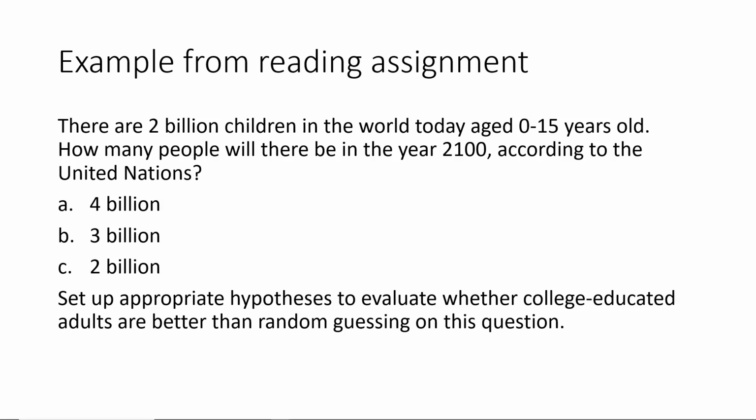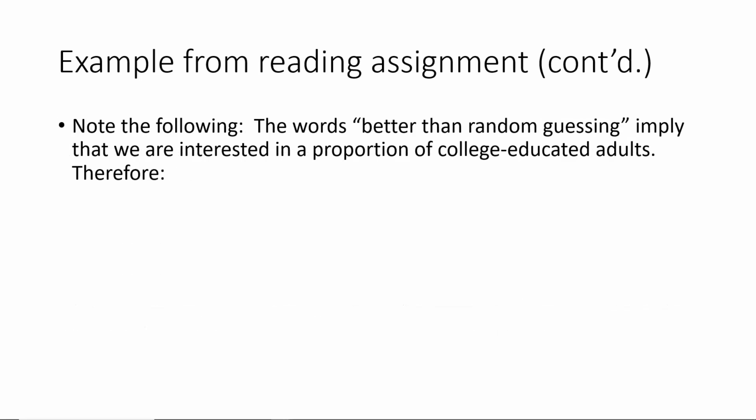Now we want to set up appropriate hypotheses to evaluate whether college-educated adults are better than random guessing on that question. The words better than random guessing imply that we are interested in a proportion of college-educated adults.